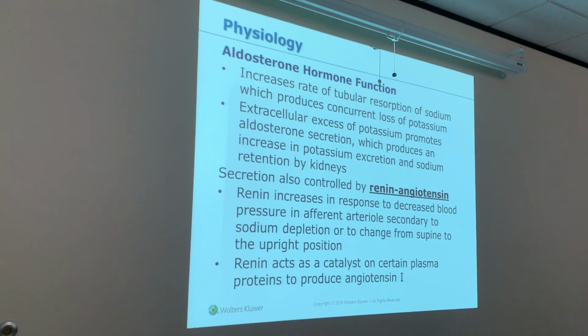So you have to control your potassium by diet. If your potassium gets too high, then that can throw you into cardiac arrest. Okay. But potassium, you have to have it because it promotes the aldosterone production, or the secretion of the aldosterone.